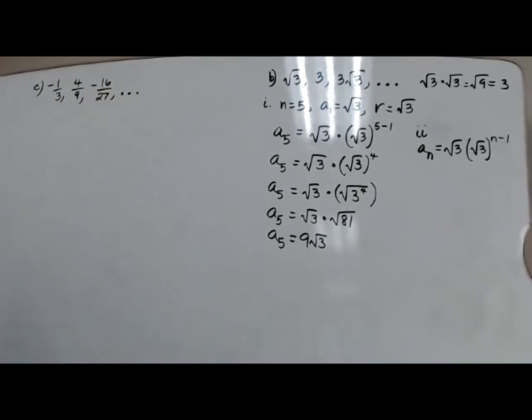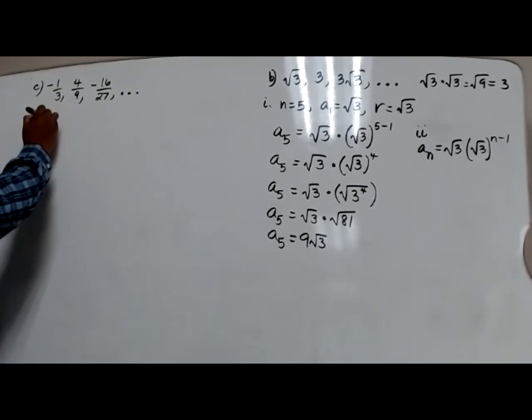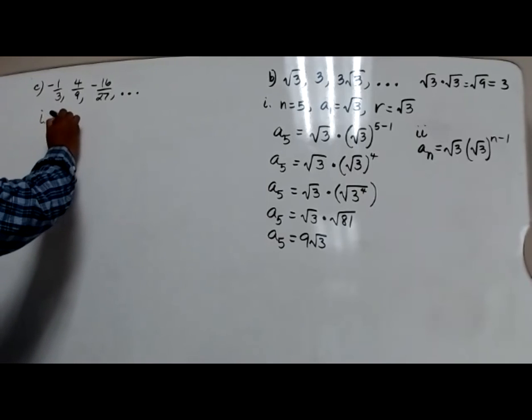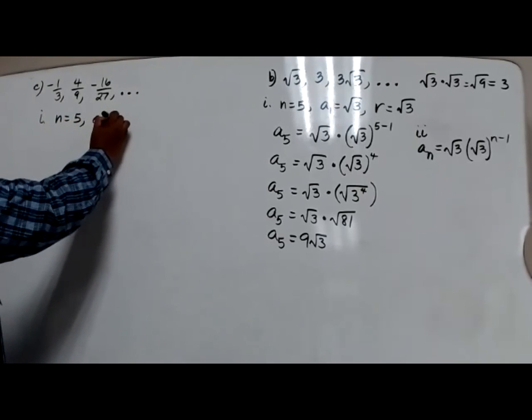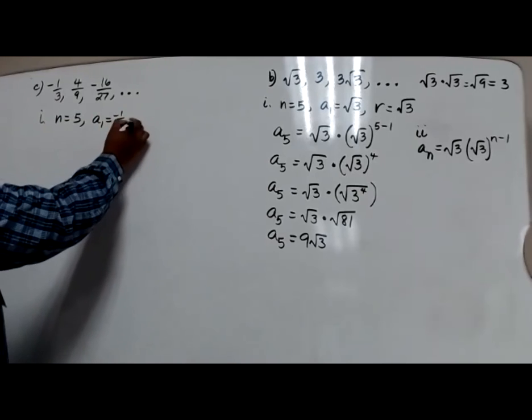Well, guess what? That's similar to part A that we just did. Only thing different here is that we're alternating negative, positive, and then negative. So we're finding the fifth term here. And this time, your a sub 1, that's negative 1/3.